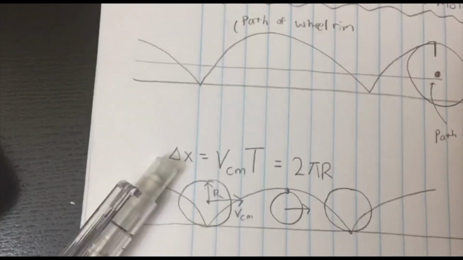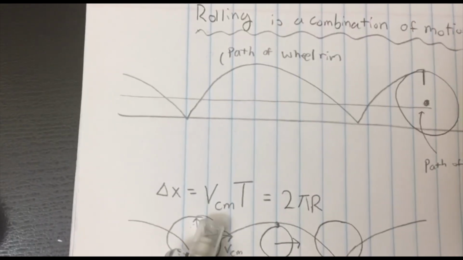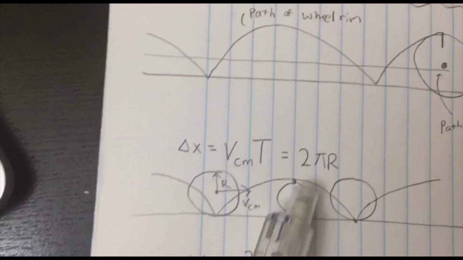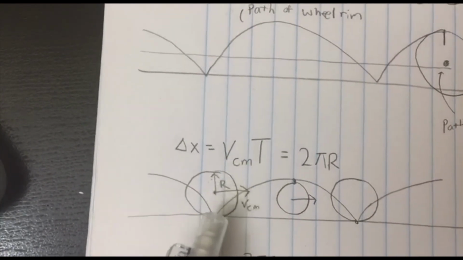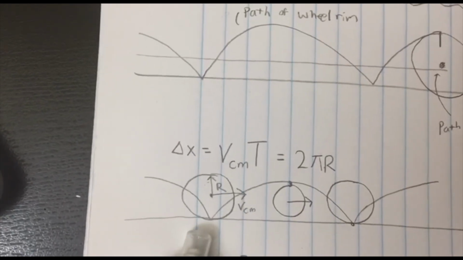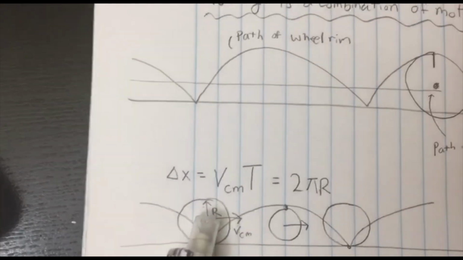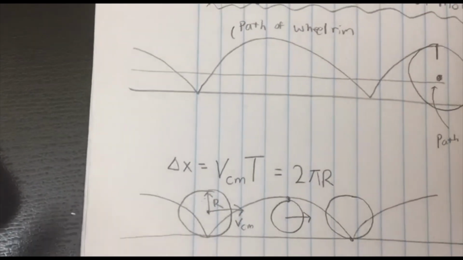We know that the displacement equals velocity times time. But what is also interesting is that in one rotation time, the center of mass travels the circumference of the circle. There we have the equation velocity times time equals 2 pi radius.